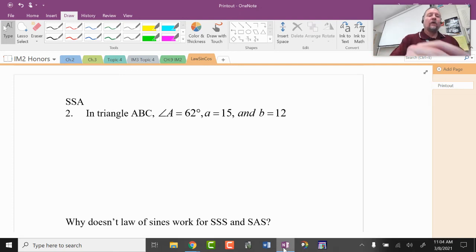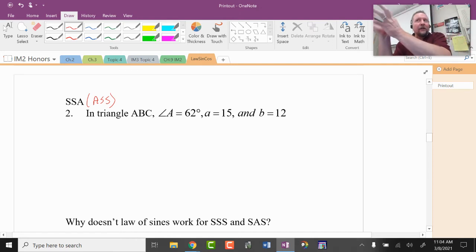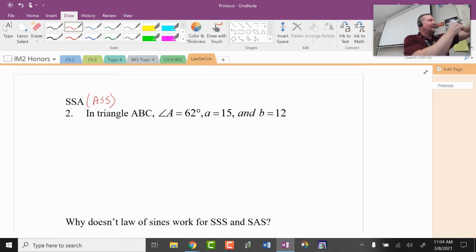All right. When you're given SSA, and I'm not just trying to be naughty, the bad word means donkey in math as well. You know, in triangles, like proving triangles congruent, ASS did not prove two triangles congruent. Not one of those theorems.